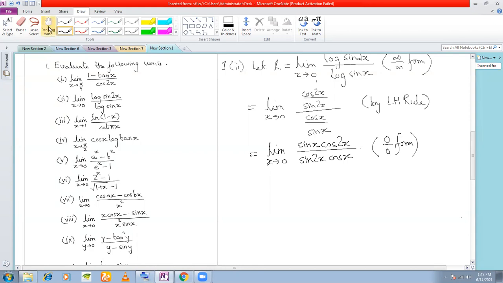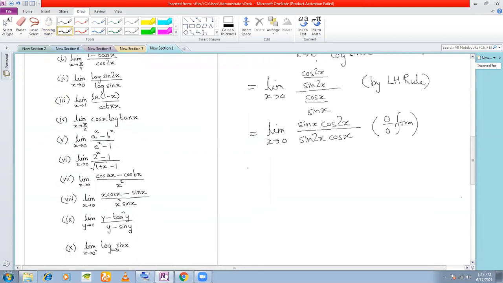Since it is difficult to differentiate a product, we first want to use L'Hospital rule, but we'll first change this to a sum and then differentiate, because differentiating a sum is easier. Again, because you'll have to apply the u into v rule in the numerator and denominator. So we multiply the numerator and denominator by 2.